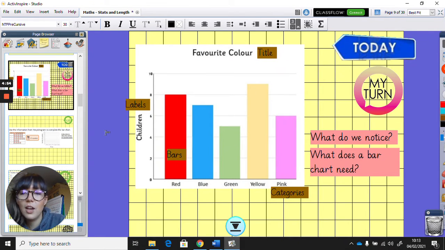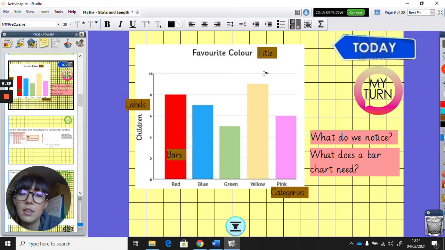So, let's have a look at this bar chart, which shows a group of children's favourite colours. What do we notice? And what do you think a bar chart needs? I've given you some clues on the flip chart. In the brown little rectangles, I have shown you the things I think a bar chart needs, okay?